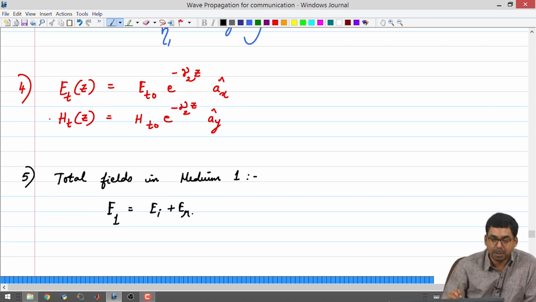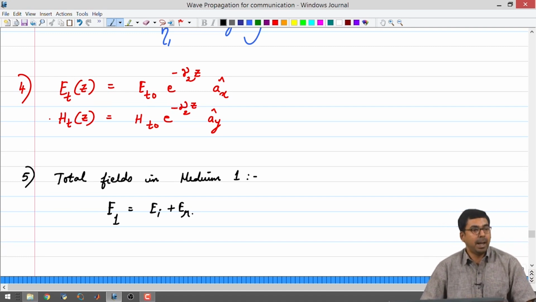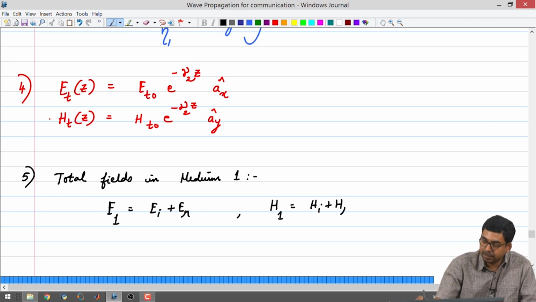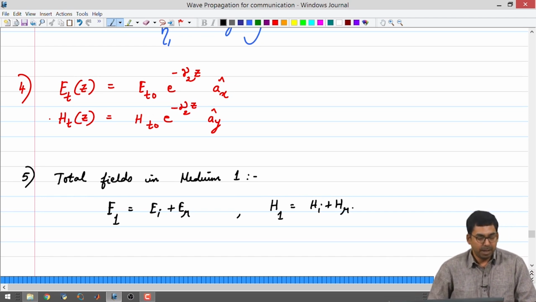So, it is a linear superposition of the incident electric field and the reflected electric field, and you can do the same thing for the magnetic field: H1 is going to be Hi plus Hr. Total fields is a very common terminology. You are talking about the incident plus the reflected field in that medium.